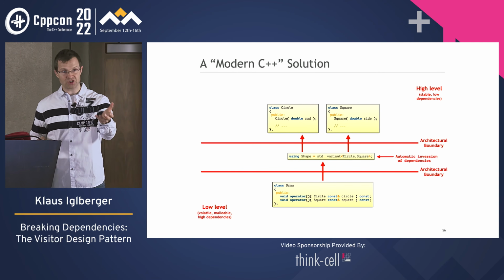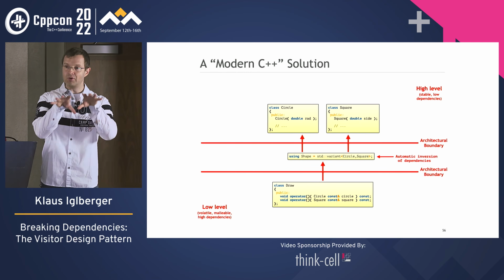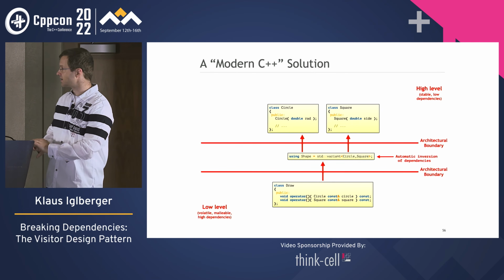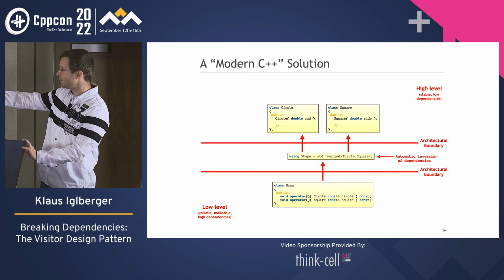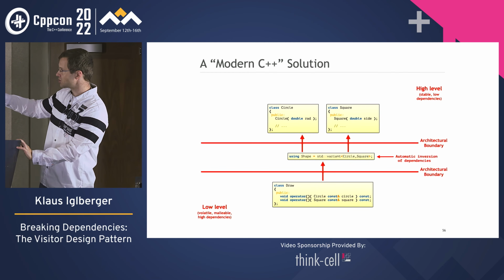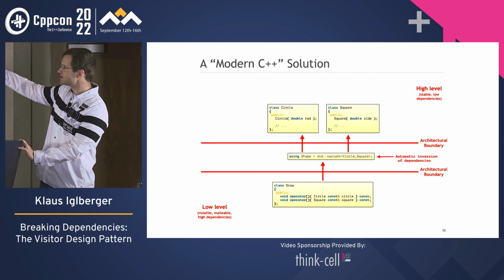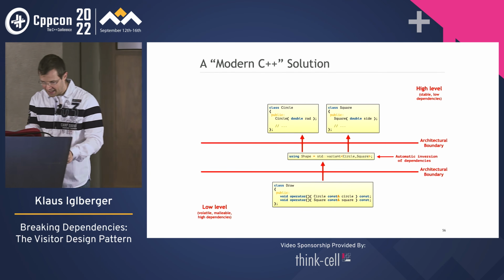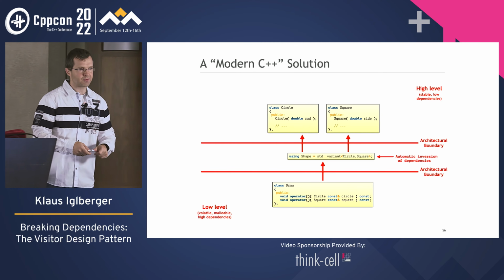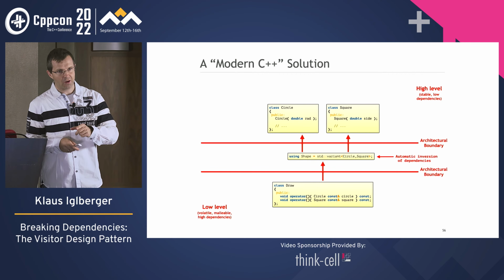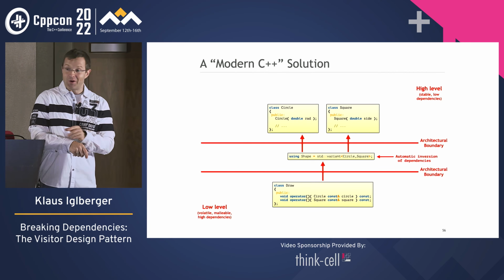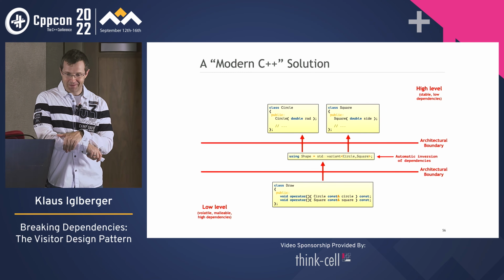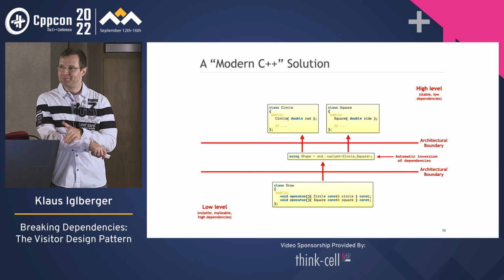So still, the operations, the implementation details are on the lowest level of my architecture, of my design. Anybody can add them freely, non-intrusively, and there's no dependencies anywhere. So from a dependency point of view, it's indeed like a visitor, like the classic one. With one change, which however is absolutely amazing, there's no cycle.